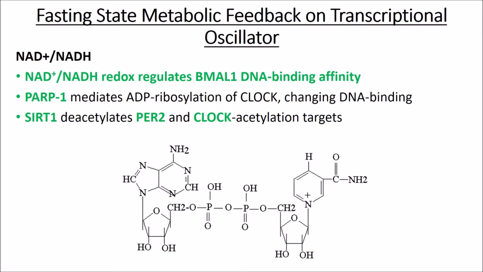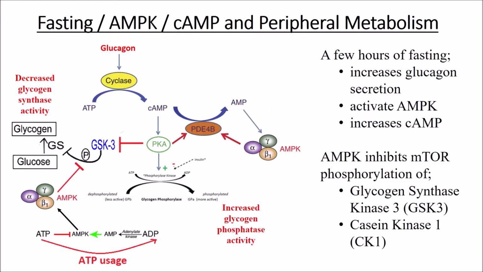When we don't have nutrients, or when we do, we see changes as well. So NAD+ as well as NADH also regulate BMAL, SIRT1, which then regulates CLOCK, and PER2 as well. So we're seeing changes based on what we're consuming and if we're not consuming.